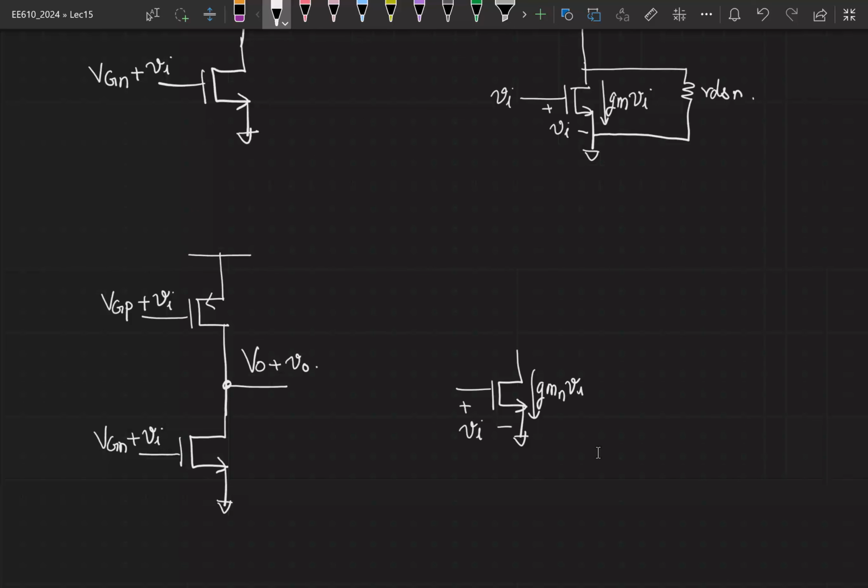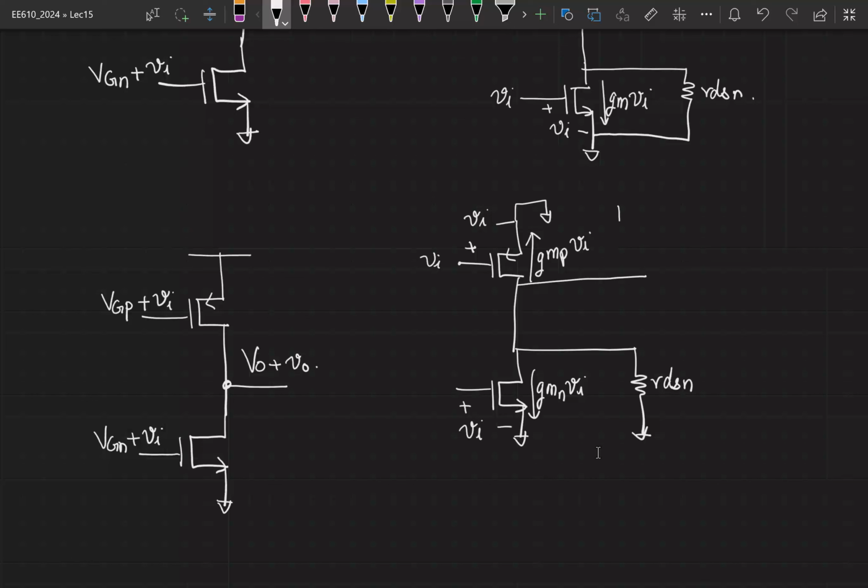Gmn times Vi is flowing. The resistance is RDSN. Again, plus Vi appearing like this. So the current in this direction is GMP times Vi.